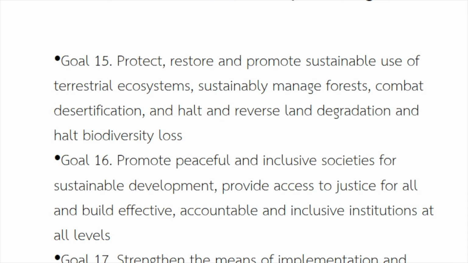And another goal that is included in this goal 15 is halting of biodiversity loss. Biodiversity is basically the diversity of all life on Earth. So that includes humans, that includes animals, that includes plants, even bacteria and viruses. And the goal here is to reduce the loss of biodiversity because many species of plants and animals have been extinguished in the last 100 years and more.